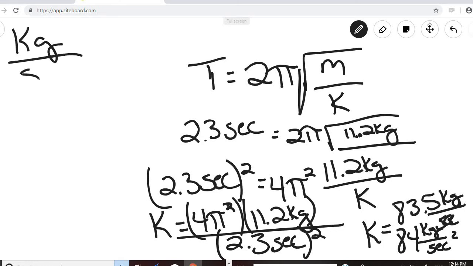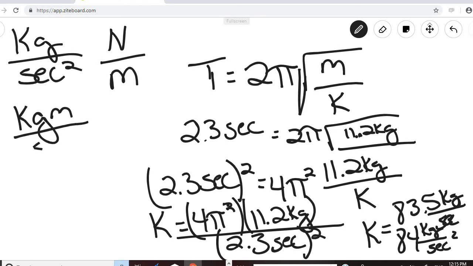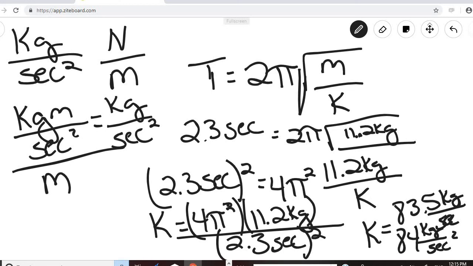Kilograms over seconds squared. Well, if I just take this Newton and make it kilogram meters over second squared and then put it over meters.